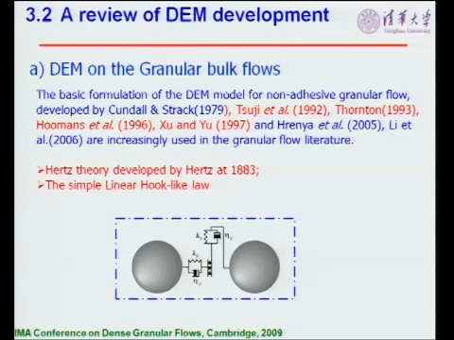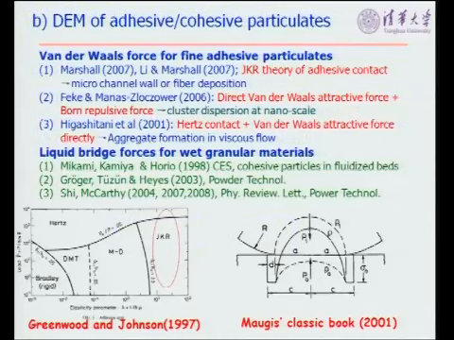And for DEM previous work, I won't describe it, from Connor's work. Tsuji did lots of work on granular bulk flow. They also use two theories: one is Hertz, and one is a simpler linear model. But for adhesive particle flows, it is very supportive at this time because lots of fundamental work has been done.